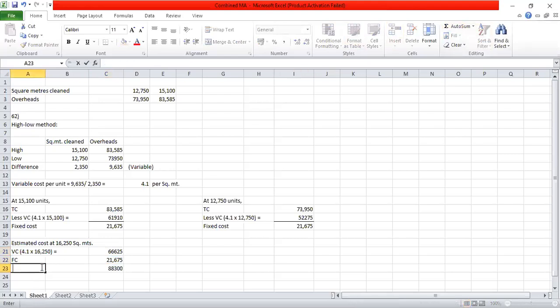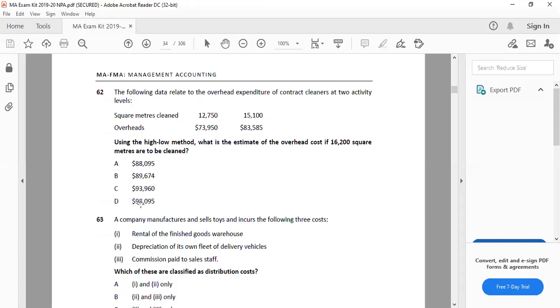So total cost is 88,300. Is that the option among them? Did I copy all the data properly? Ma'am, it's 16,200. Which one? Variable cost. Overhead cost, ma'am.